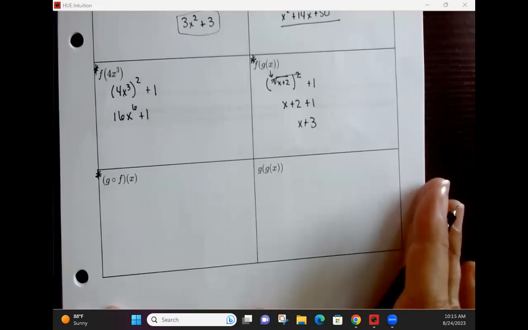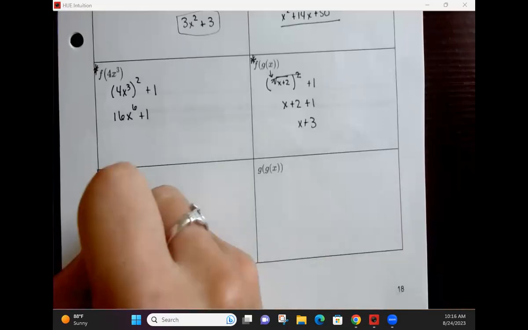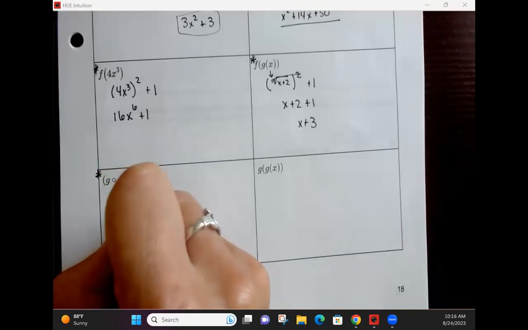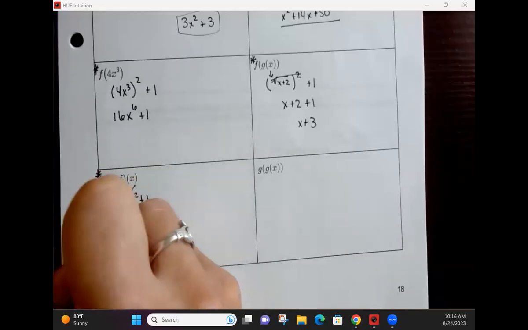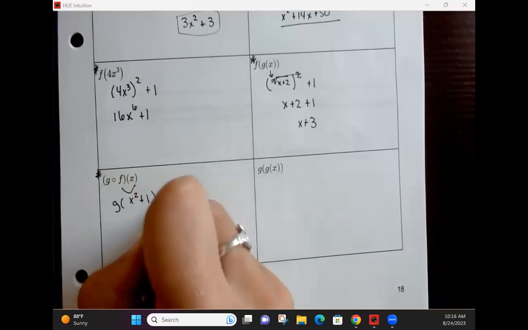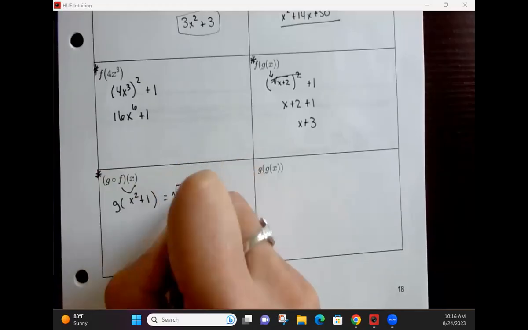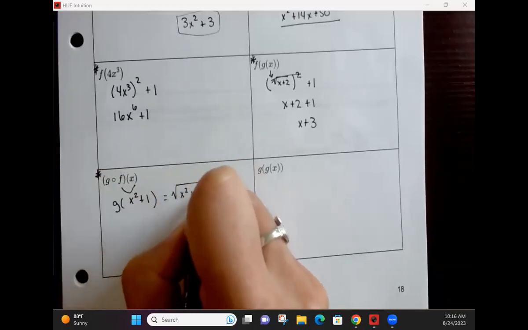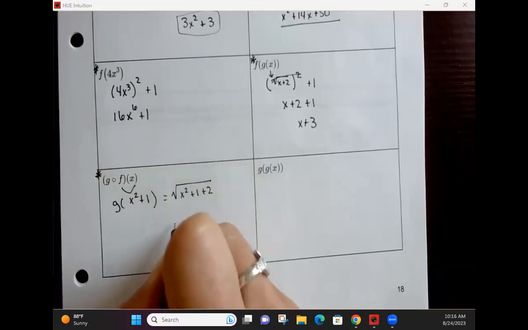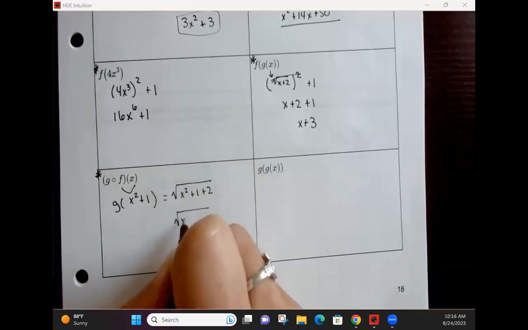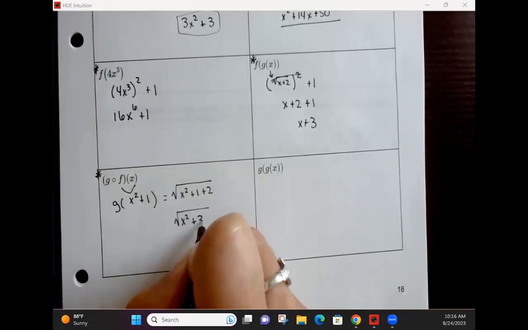And then g of f of x is x squared plus 1. And then when I take g of that, we get the square root of x squared plus 1 plus 2. So that would be the square root of x squared plus 3.